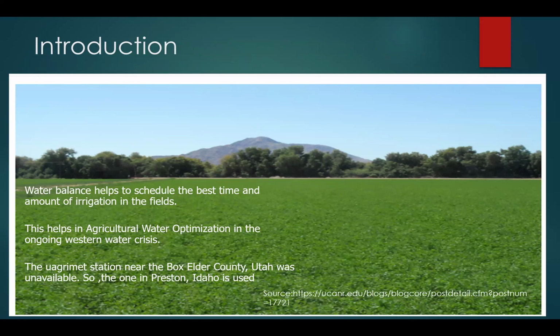Water balance helps to schedule when to irrigate and how much to irrigate in a certain field, just to increase the irrigation efficiency and the crop yield for better production, because ag water management optimization is one of the pressing topics in the Western United States.